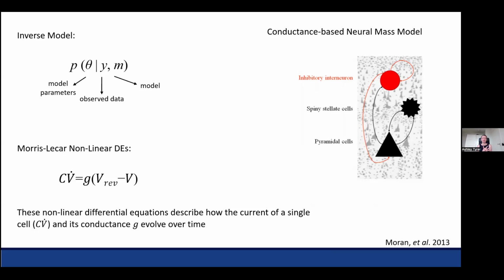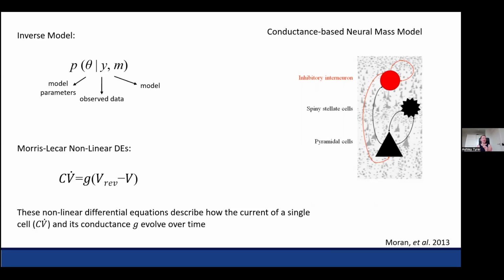For this data set, I'm going to use a conductance-based neural mass model, specifically the NMDA model, which includes a model of the NMDA receptor by utilizing dynamic Morris-Lecar type nonlinear differential equations, which describe the flow of ions at the synapse. And these equations specifically model 3 separate cell subpopulations.